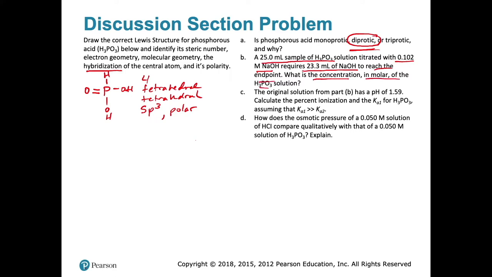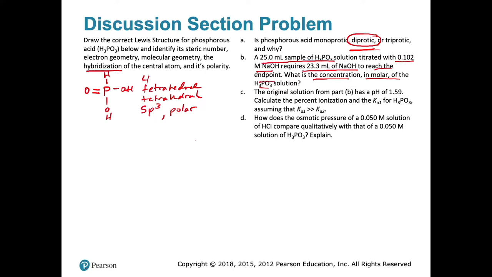So you should have done titration calculations back in Gen Chem 1, okay? So this is reaching back to your Gen Chem 1 days. But just in case you don't remember how to do a titration calculation, the first thing to do is to figure out how many moles there are of sodium hydroxide that actually made the phosphorus acid go to its endpoint, okay?